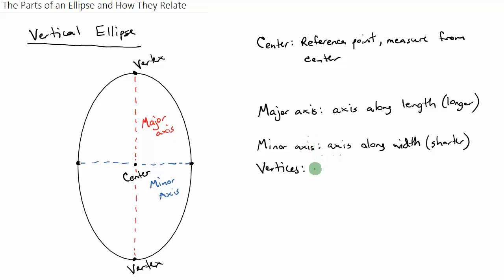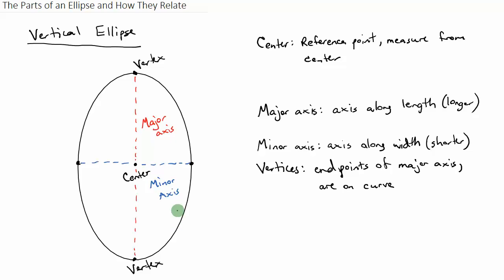So they are the endpoints of the major axis, and they are on the curve. What I mean by that is, notice the center is not a point on the actual ellipse curve, but the vertices are points on the curve.